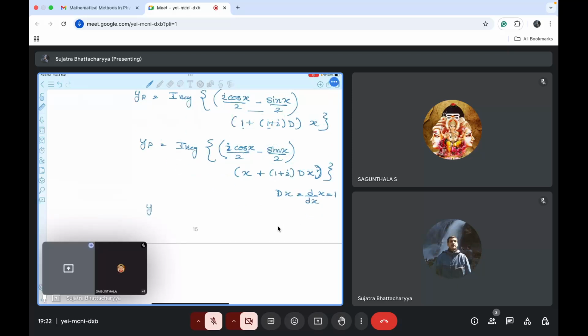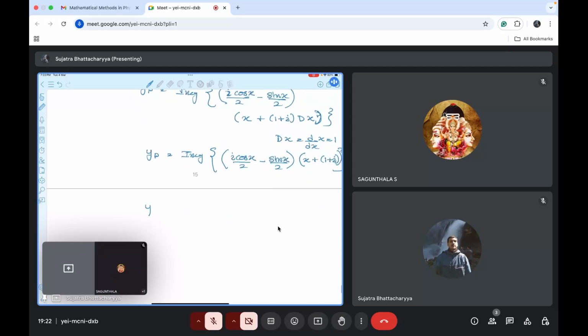Fine. So let's write the next step, which is the imaginary part of, same, iota cos x by 2 minus sin x by 2 into x plus 1 plus iota. That's all.